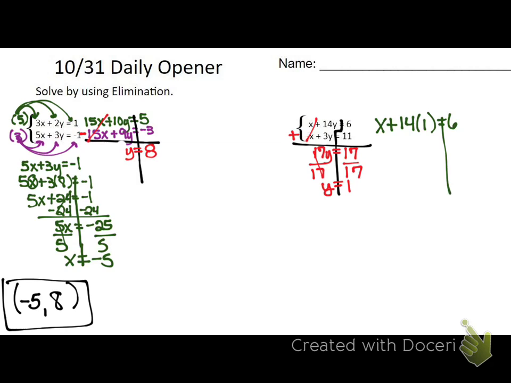So x plus 14 equals 6, I minus 14 on both sides, and I got -8. There we go. And Emily, answer?